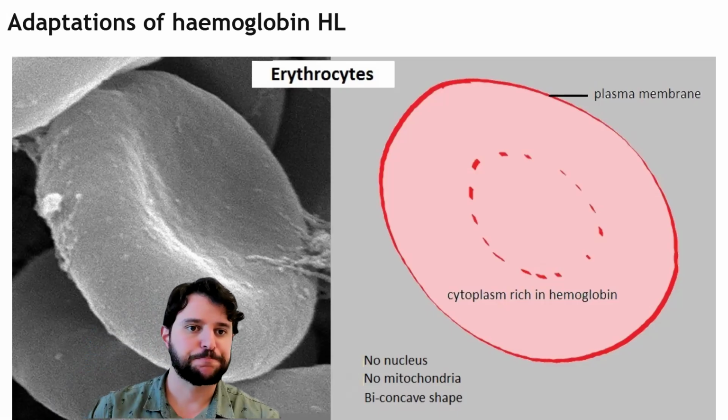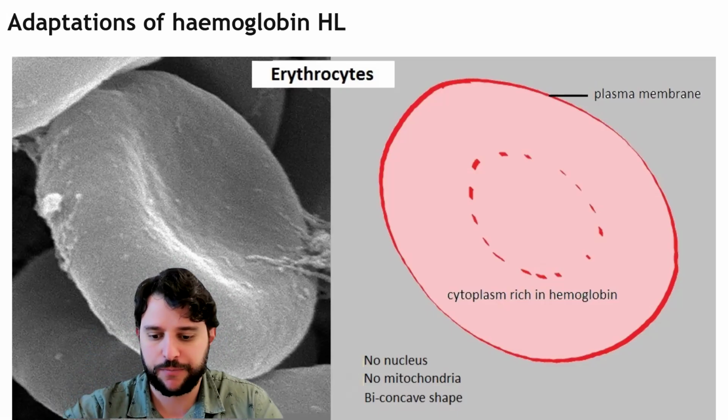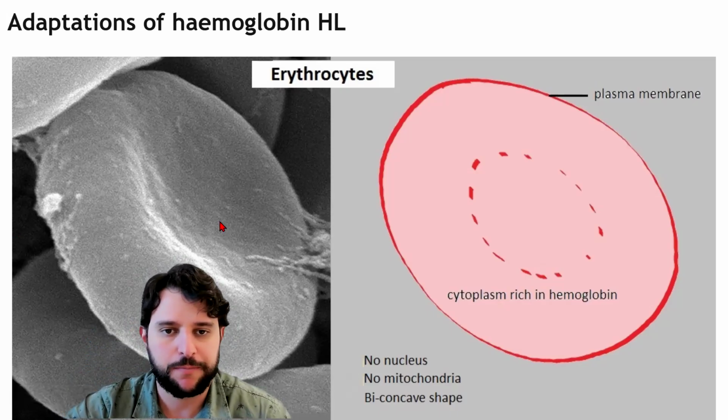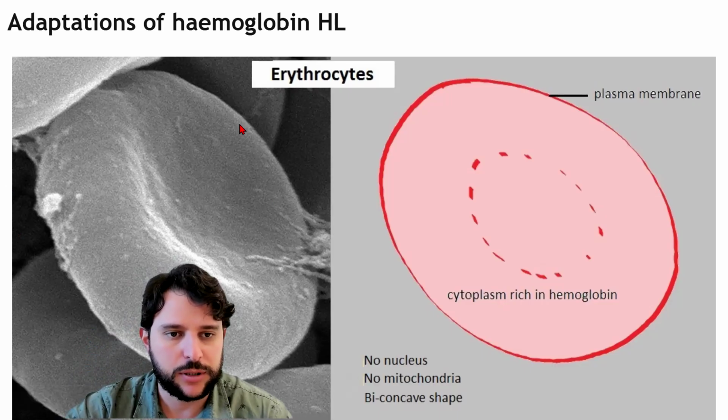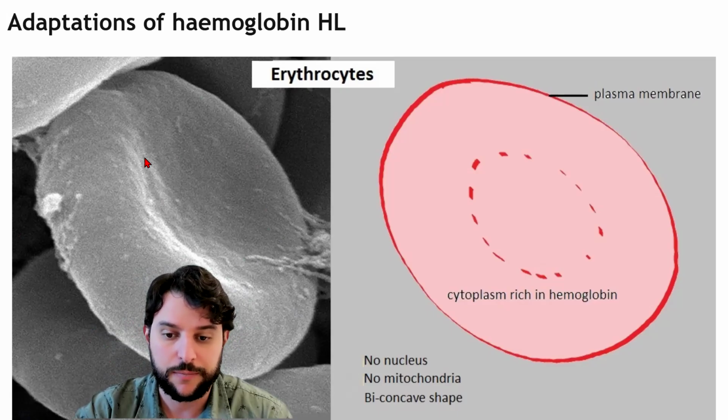Gas exchange. Okay, so the first idea is adaptations for hemoglobin, okay, in higher level. It's not that complicated. So hemoglobins are typical cells. They're red blood cells. They're involved in the transport of gas and gas exchange in the body. And they don't have a nucleus, and they have this concave structure to increase the surface area.